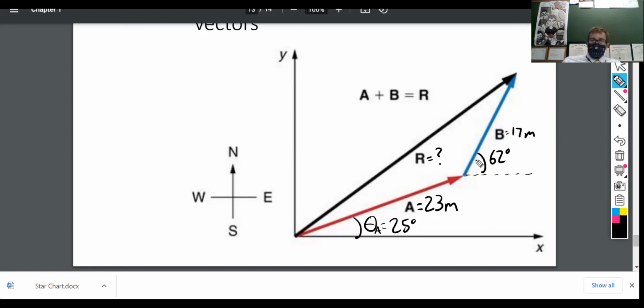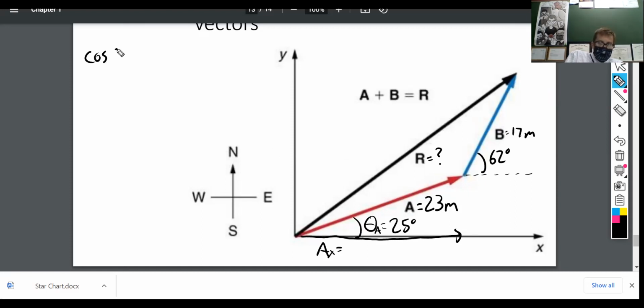The first thing I want to do is resolve my vectors into their x and y components. So I'll start with vector A. If vector A is moving up and to the right and its hypotenuse is 23 meters, then the x component of A we can get from the cosine function, right? So the cosine of this angle is equal to A sub x over the hypotenuse 23.